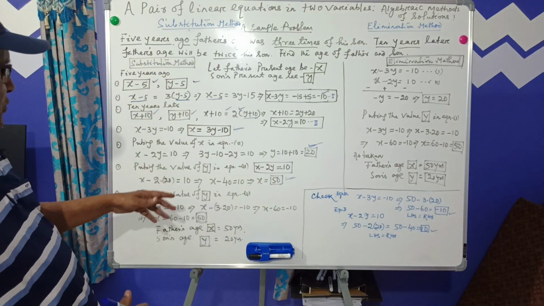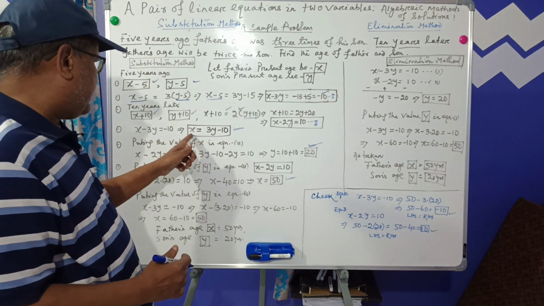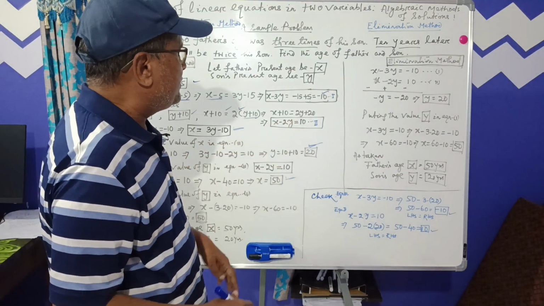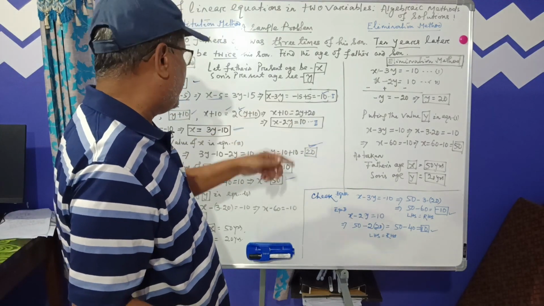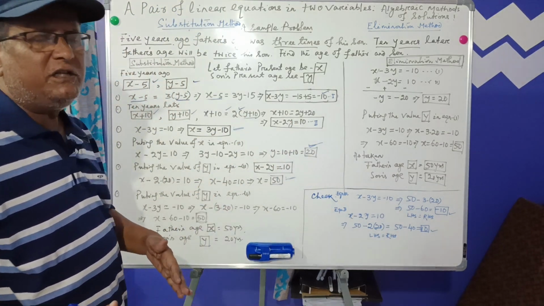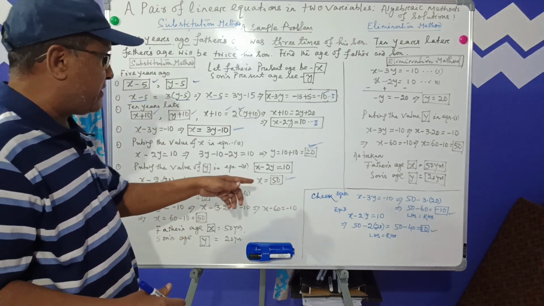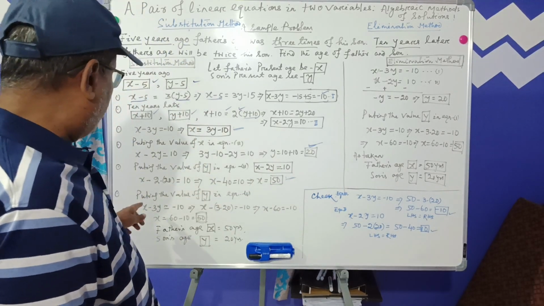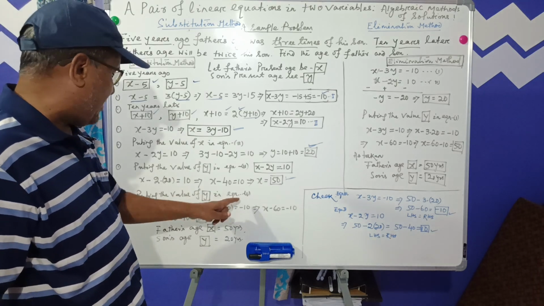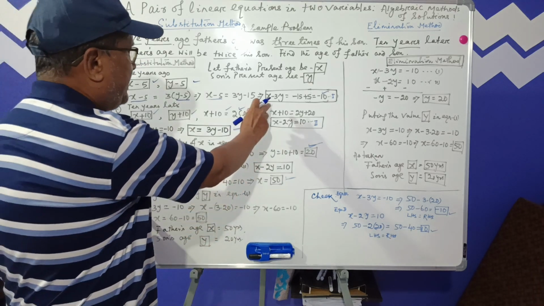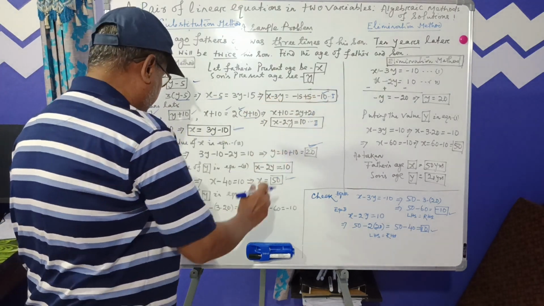Now we put the value in equation number 1. Of course, this is not necessary, still, let us compare whether our result is correct or not. Putting the value of y in equation number 1, x minus 3y is equal to minus 10.